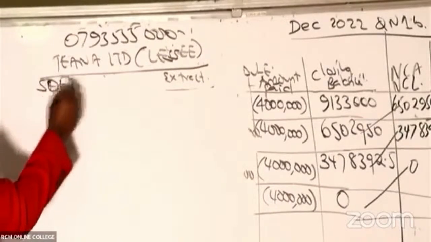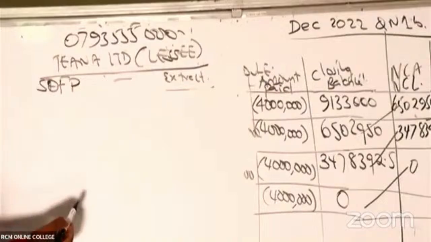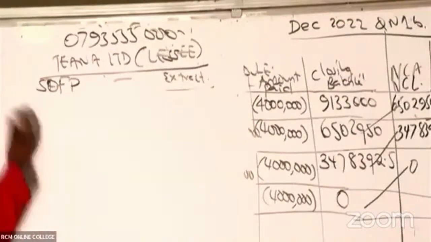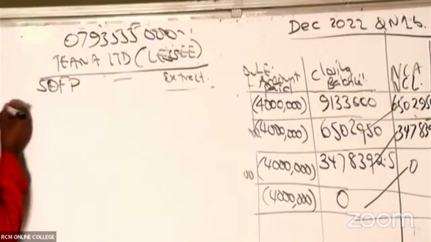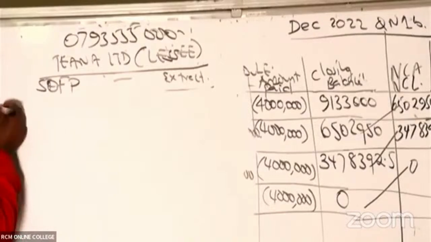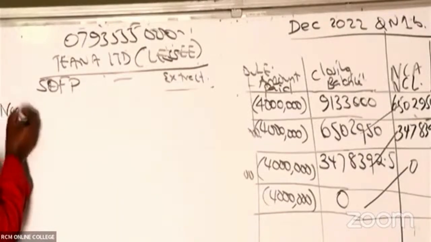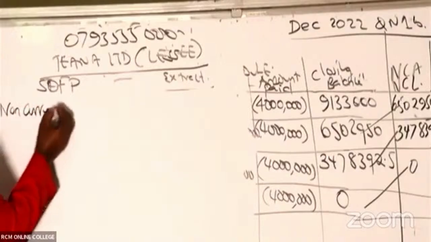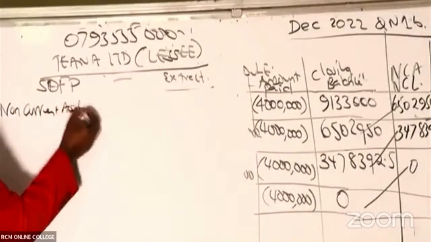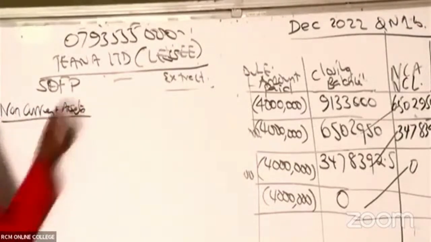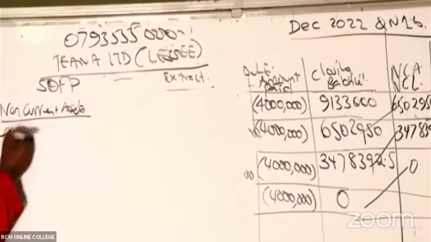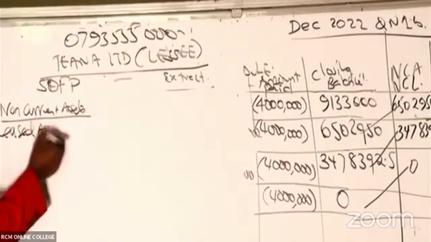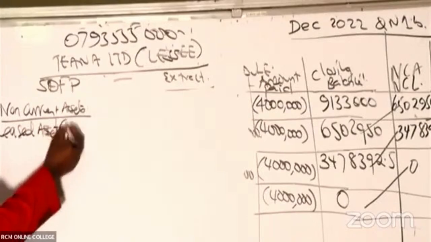What we have here, ladies and gentlemen, is assets. We shall have our non-current assets, where we shall have the leased asset. We don't call it leased asset really. We shall call it, what here, somebody, right of use.